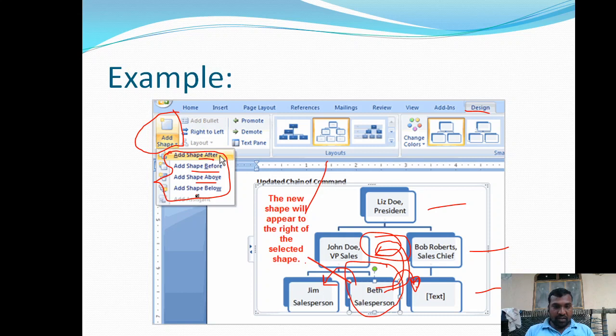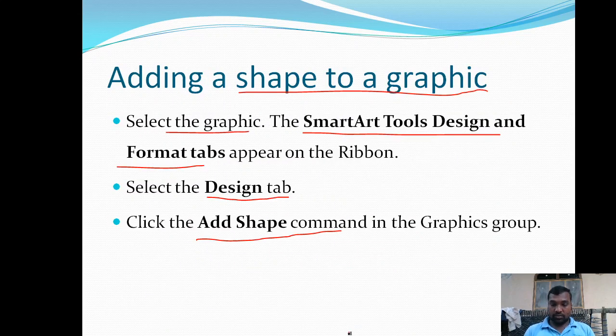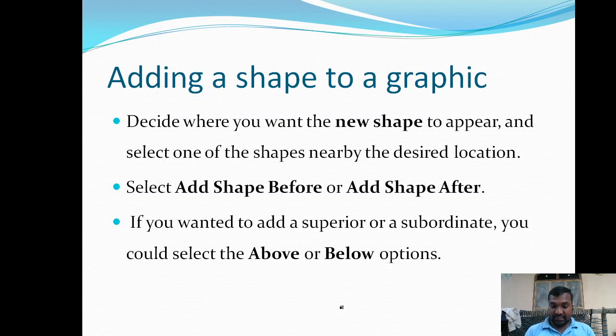If I want to add a shape below, a new level will be created and the new shape will be inserted here. In this way we can add any shape to the already existing graphic. These are the several instructions related to those additions.